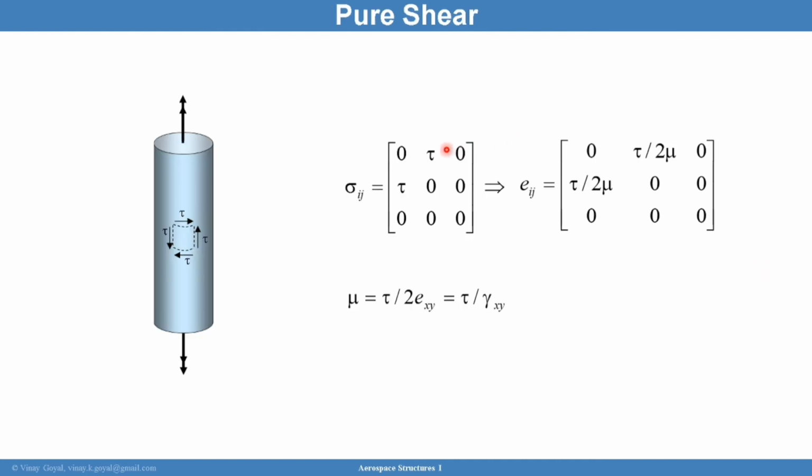In the pure shear case for torsion, for example, you then get shear strains instead. And I'm using the term mu, but in fact mu is equal to G.